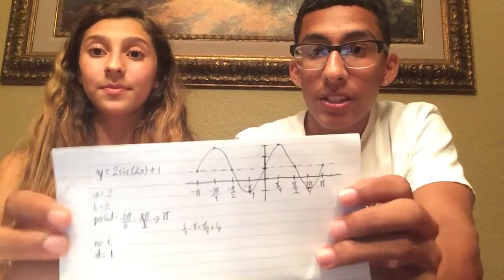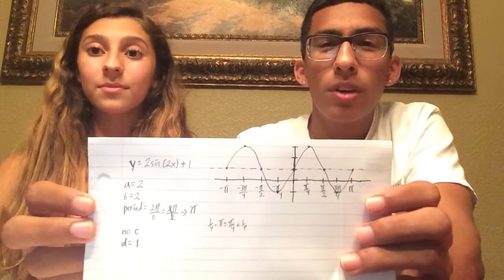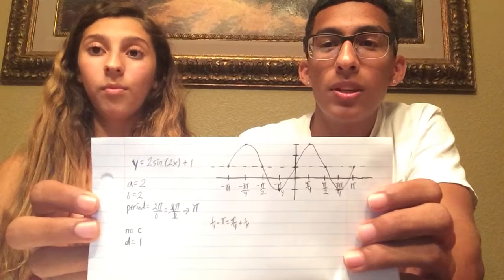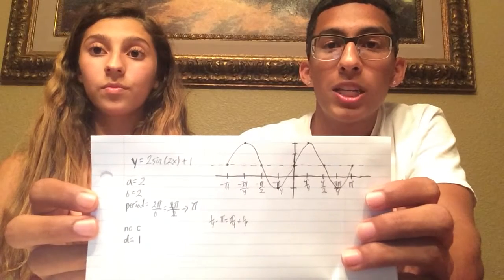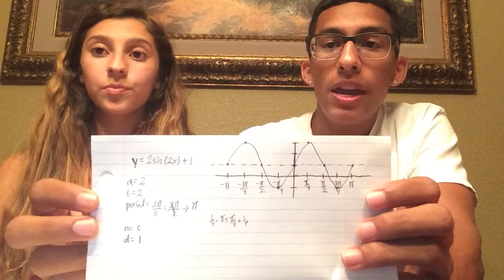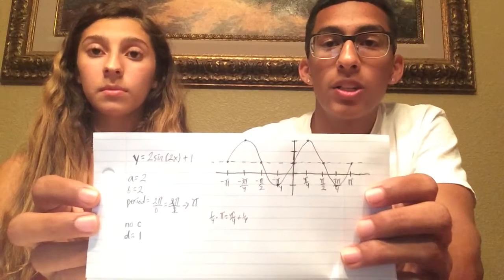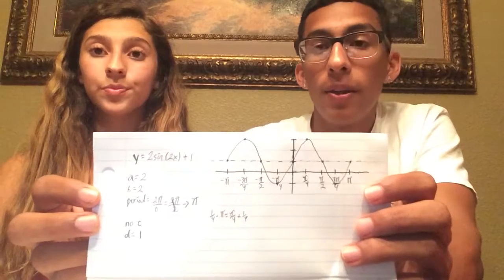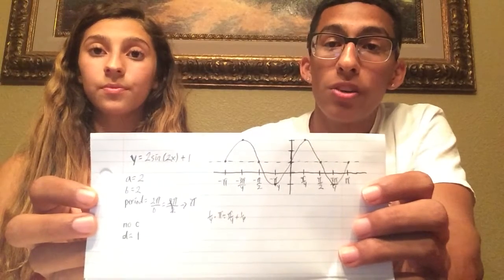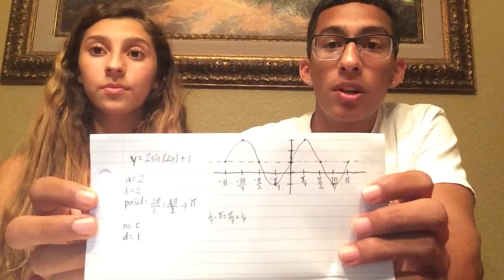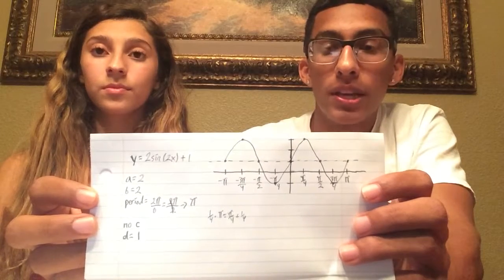So we provided for you guys an example of a graph. We use sine in this case, so we did y equals 2 sine 2x plus 1. As you can tell, A equals 2, B equals 2, which means that the period is pi because 2 pi over 2 is pi. And then there's no C in this case, so no phase shift. That means our first point is going to start at 0 as x.